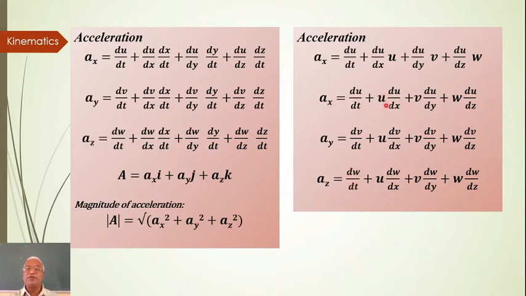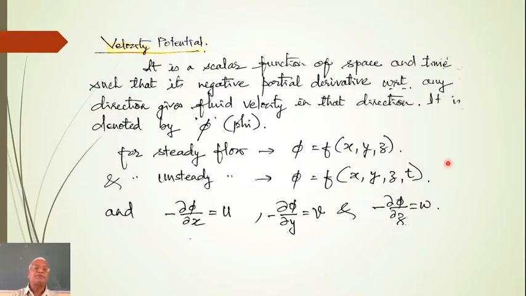All the three terms will have u, v, w multiplied with differentiation with respect to x, y, z directions correspondingly. If it is x, u; if it is y, v; if it is z, it will be w, likewise. Okay. So with this revision, we'll go ahead.